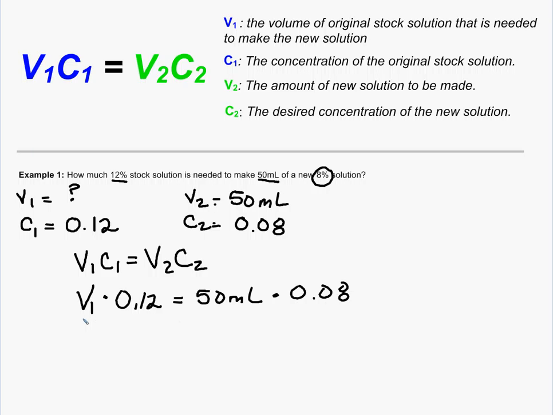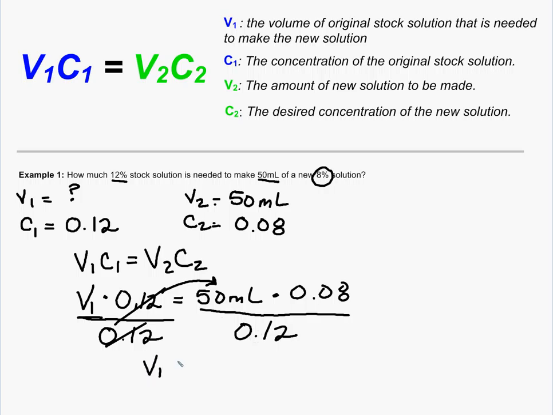Now what I want to do is solve for V1, and to do that I want to move the 0.12 concentration to the other side. I'm multiplying by 0.12, so to get rid of it I'm going to do the opposite of multiplication, which is dividing, which cancels out that, and whatever I do to that side I also have to do to the other side.